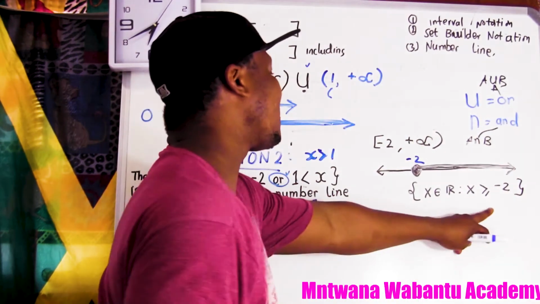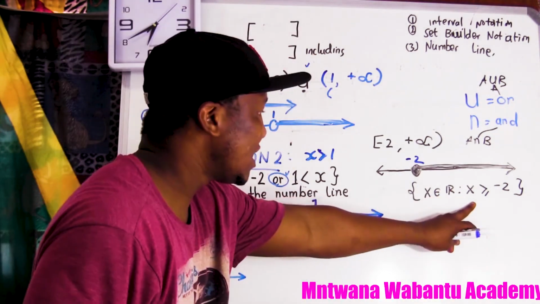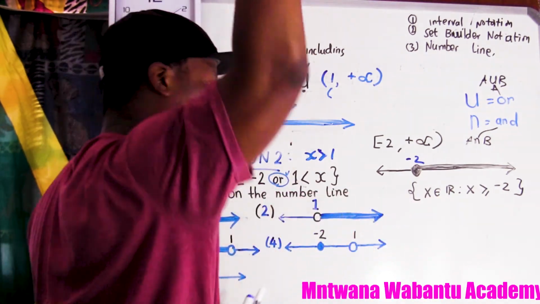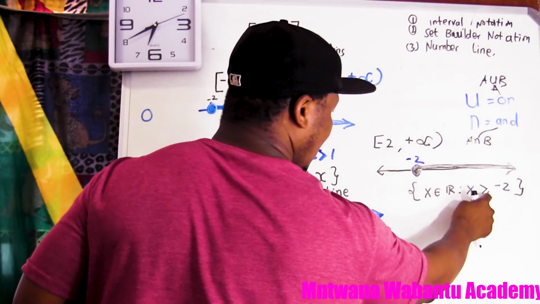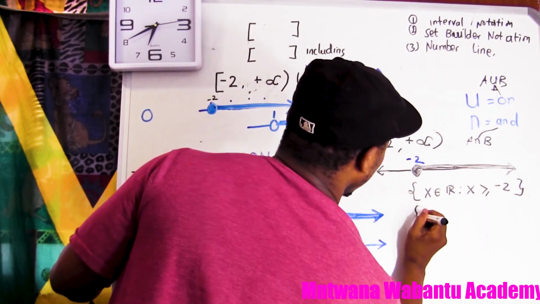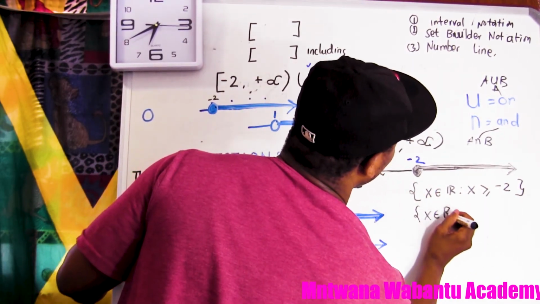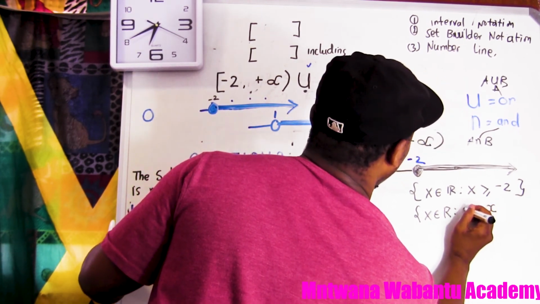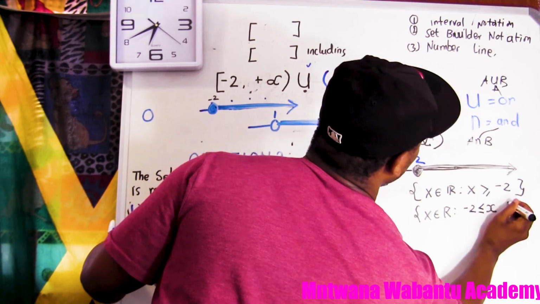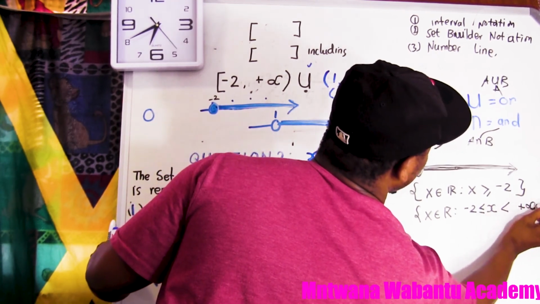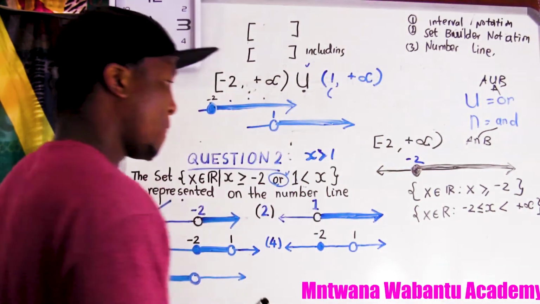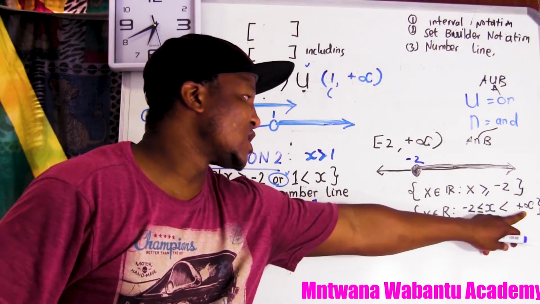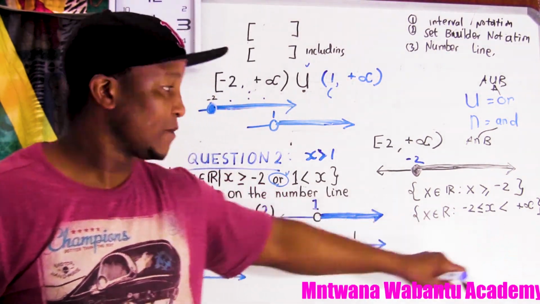This means start from -2 all the way to positive, because it's more than -2, it's going to go forever, and it's including, that's why I wrote these two. Or if you don't want to write like this in set notation, I could have said X is an element of the real numbers, and then I can say this X starts from -2, but is including, to positive infinity. This is also acceptable. But why exclude here? Because infinity you do not include.